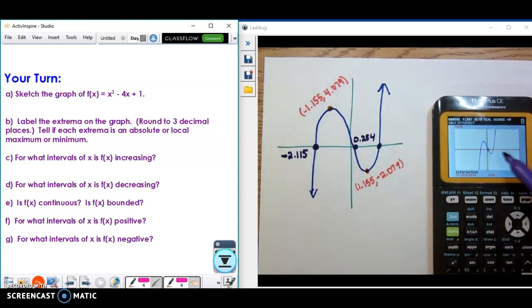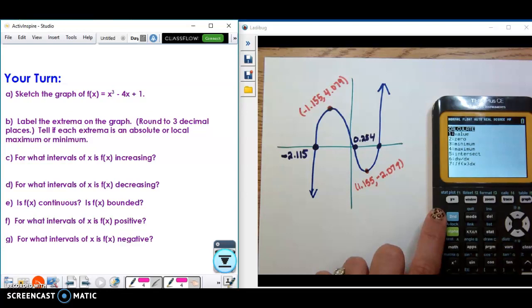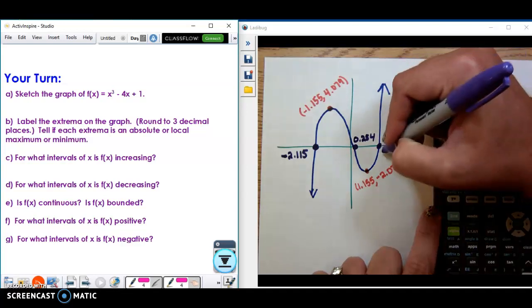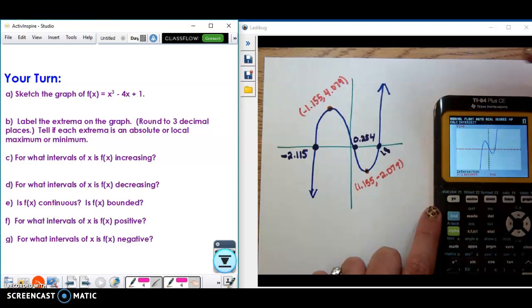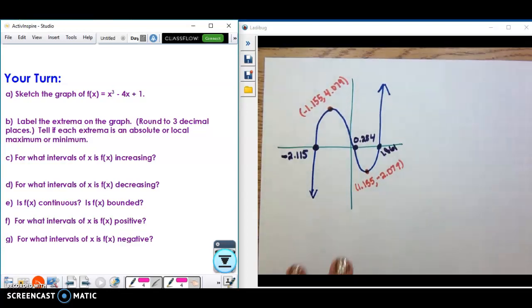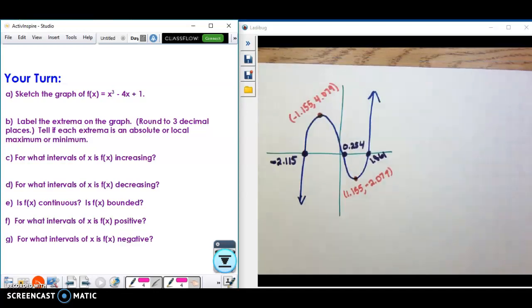And then this last point here, I'm going to do second trace intersect. Move it close to the point, and then you're going to hit enter 3 times. That gives us 1.861. And now I'm just not going to need the calculator anymore. That helps me get organized.